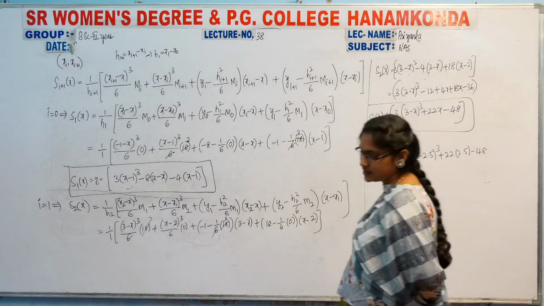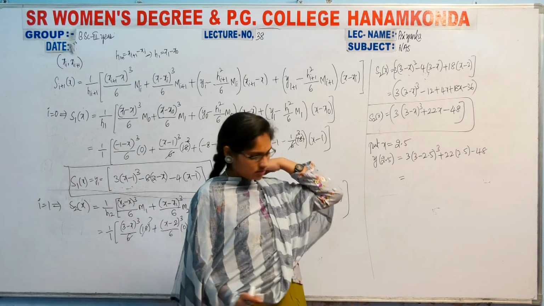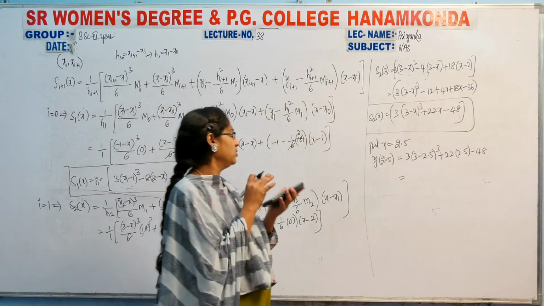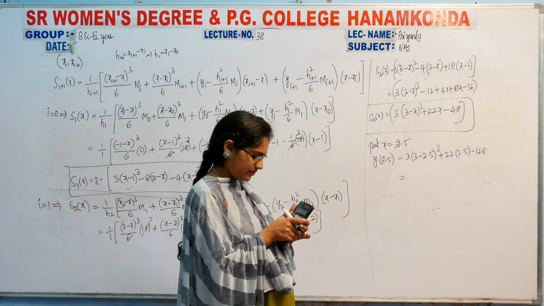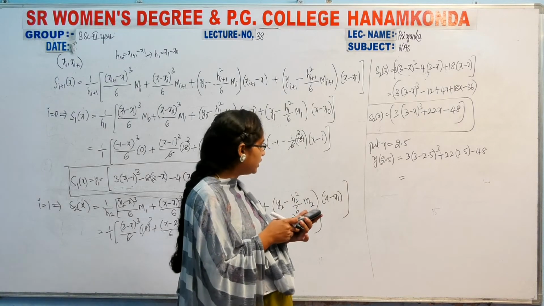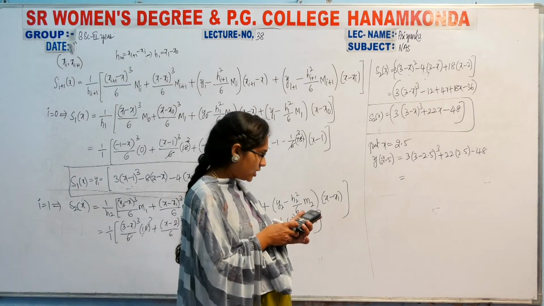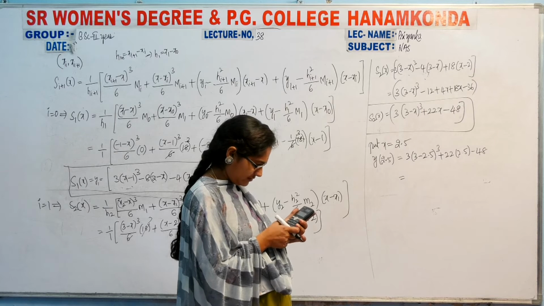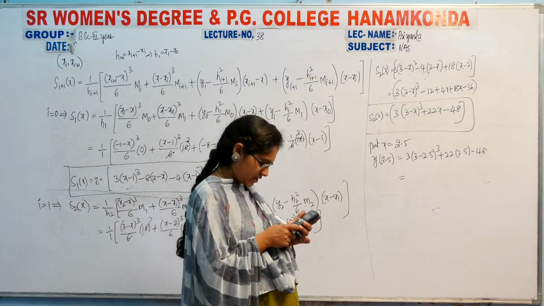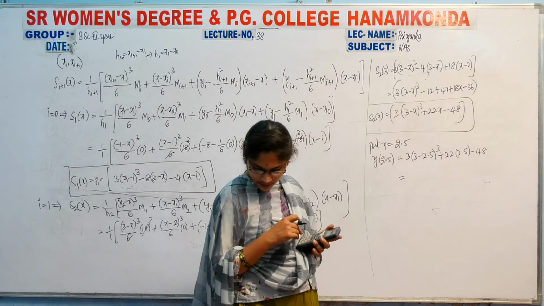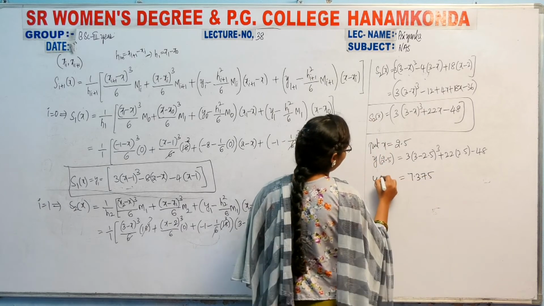So now calculate it and it gives the value as 7.375. Yes, correct answer. This is nothing but y of 2.5.